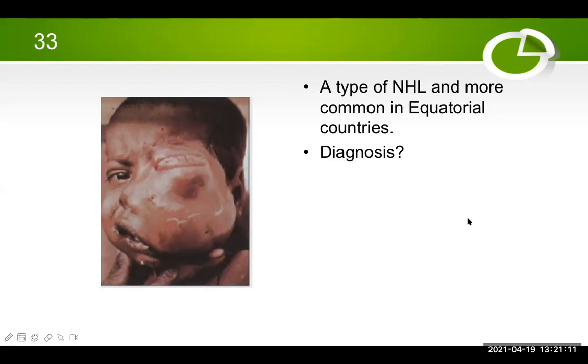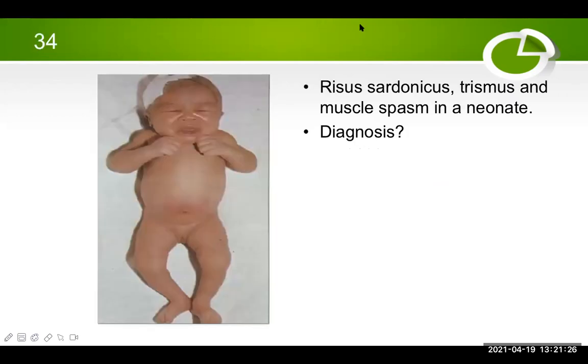What is the causative agent? EBV. Epstein-Barr virus. Exactly. Epstein-Barr virus is the causative agent of Burkitt's lymphoma. Now see there, another question.